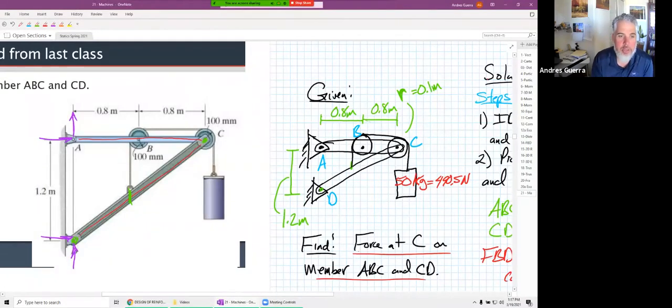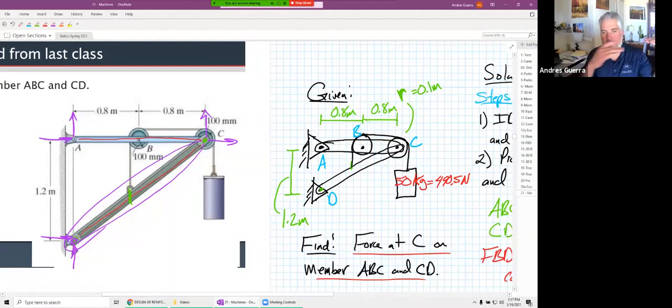I could sum moments about D and I could solve for AX. That's a totally viable option. If I did the FBD of this one, however, I would have four unknowns. So I'd have a CX and a CY up here, a DX and a DY down here, but they're not in a vertical or a horizontal line. And so I'm not going to be able to solve for any of those.